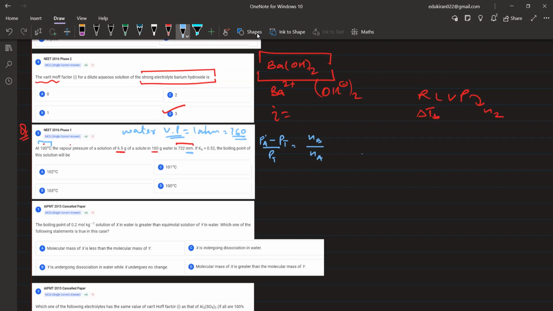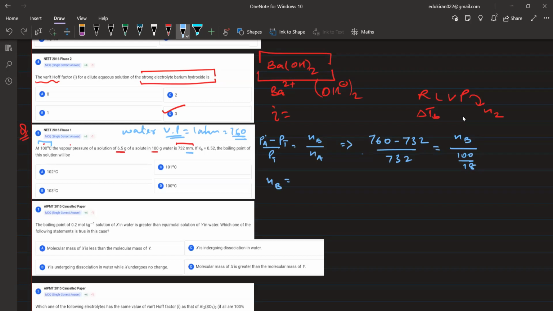And what is P total? P total is 732 mm. Now this will be equal to P naught A, how much? 760 minus P total, which is 732, divided by 732, is equal to the number of moles of solute over the number of moles of solvent. 100 gram of water, that means 100 upon 18. So how much will the number of moles of solute come to?